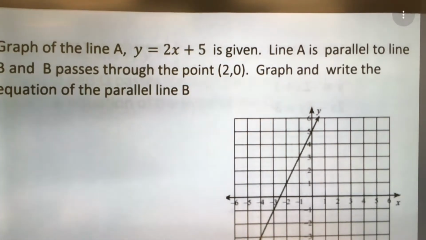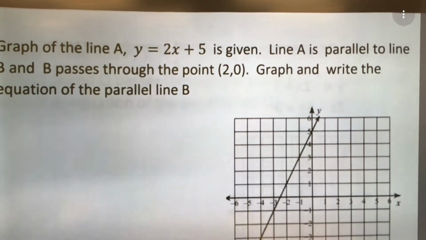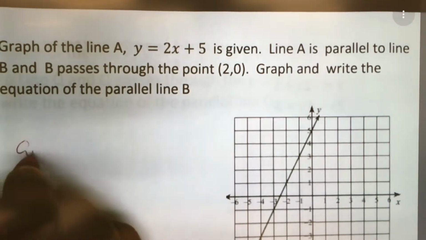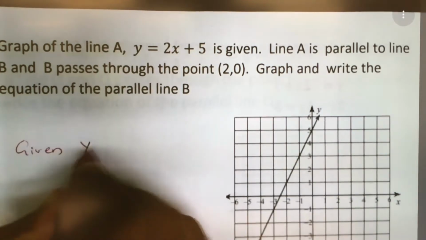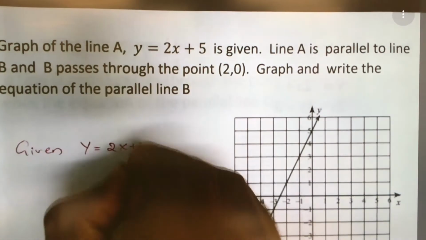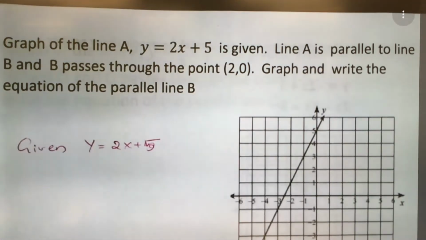We can do it two different ways, either the graphical method or the algebraic method. First, I need to find the slope of the given line. My given line is y equals 2x plus 5, which is in y equals mx plus b form.